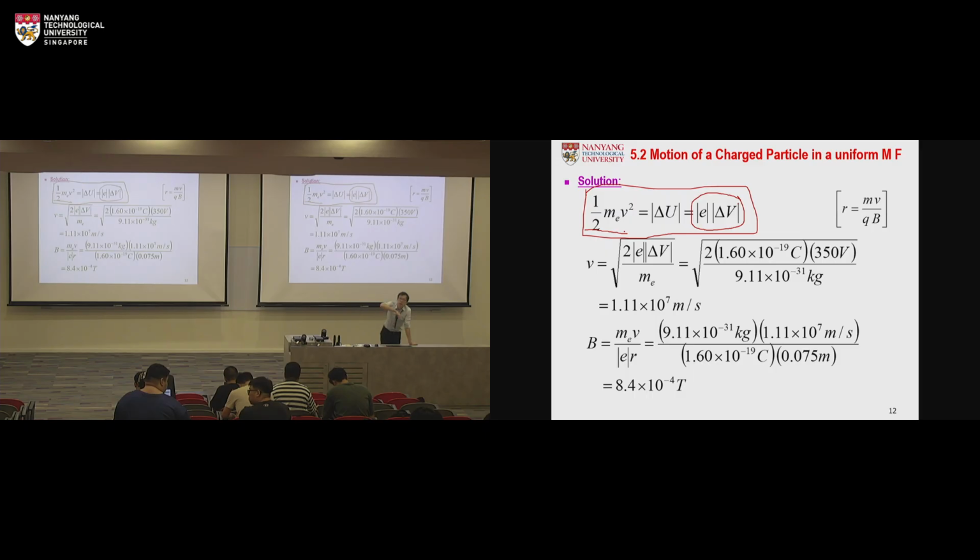Acceleration basically means there's an increase of kinetic energy, and this is how you define the kinetic energy of a moving particle. So this is the equation for process 1. And for the circular motion, you have this one. You combine these two and you can figure out the magnitude of B.